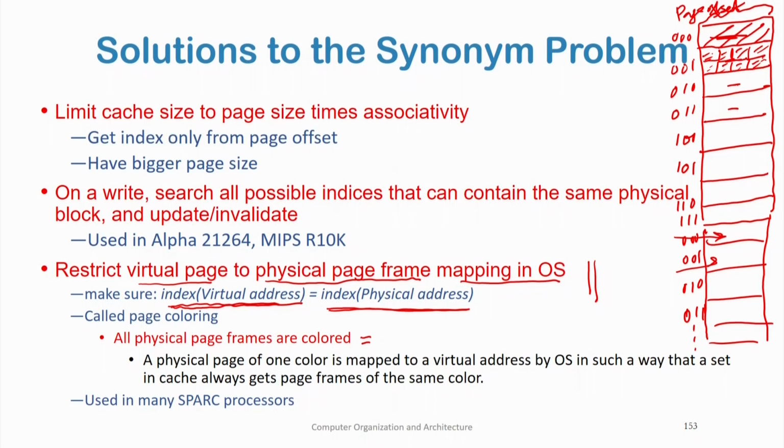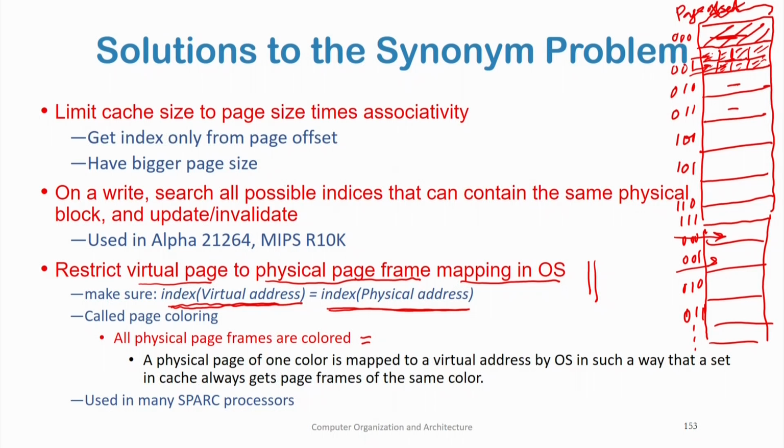So, each page had 32 blocks. Now, all these blocks in physical memory within this page, with color 001, will also have the same color as the page. So, now for each block in physical memory I know what color it is.